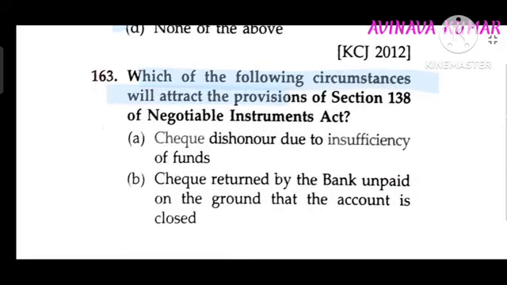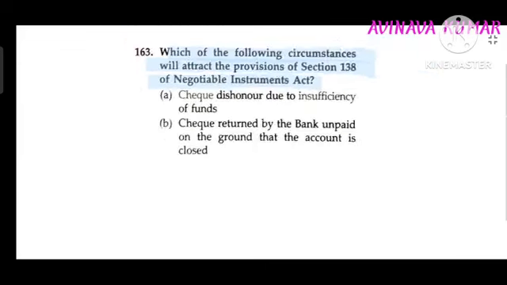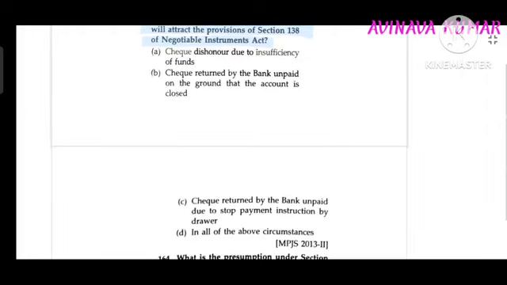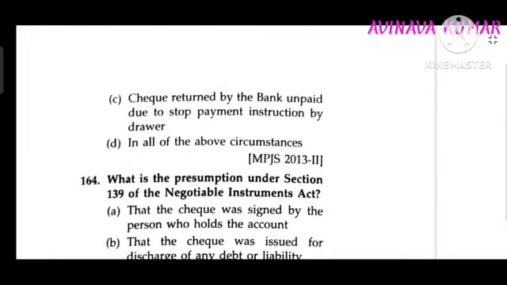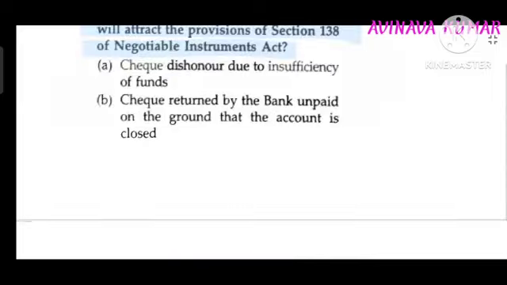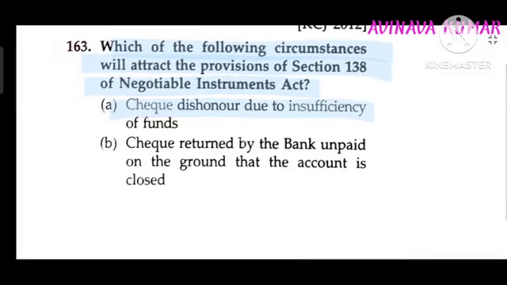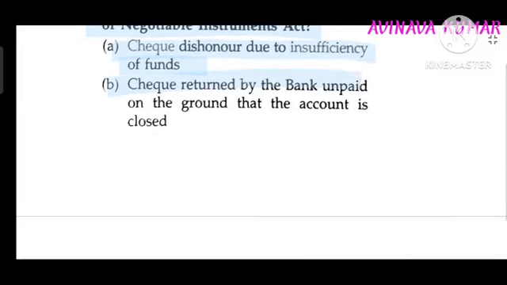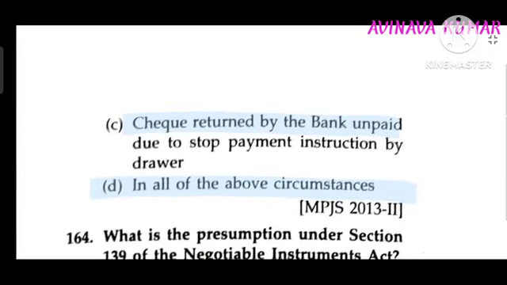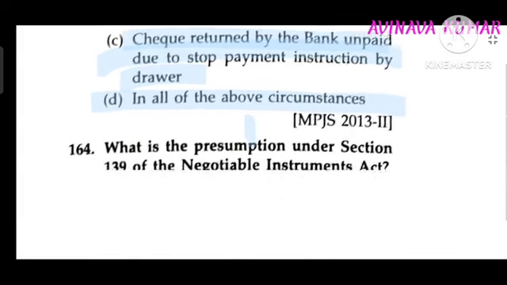Which one of the following circumstances will attract the provision of Section 138 of NIA? All of the above: check dishonored due to insufficiency of fund, check returned by the bank unpaid on the ground that account is closed, check returned by the bank unpaid due to stop payment instruction by drawer.